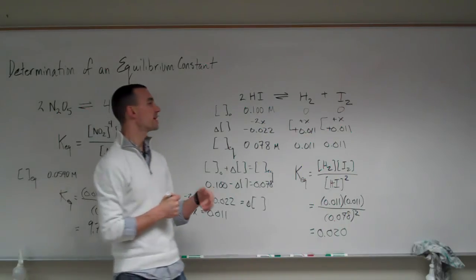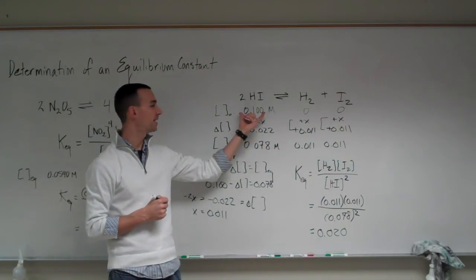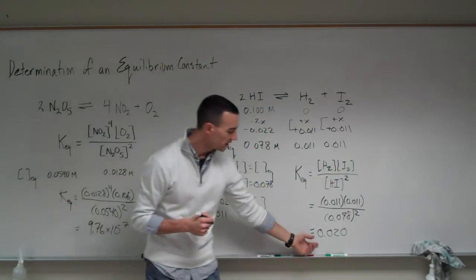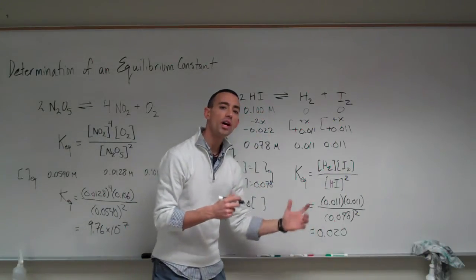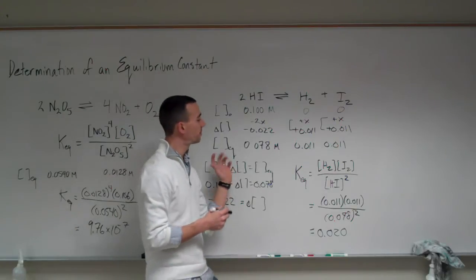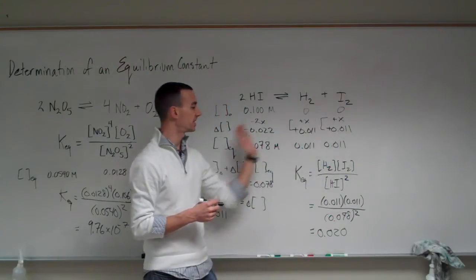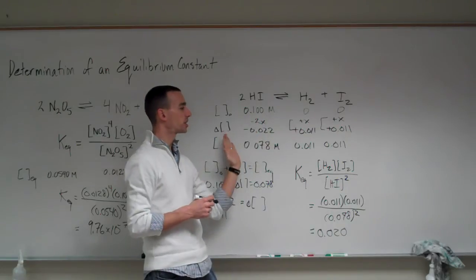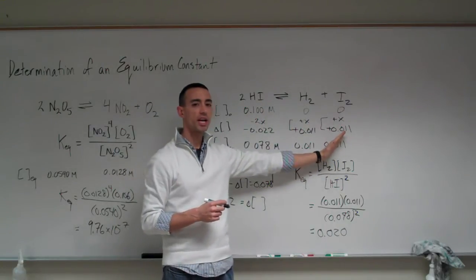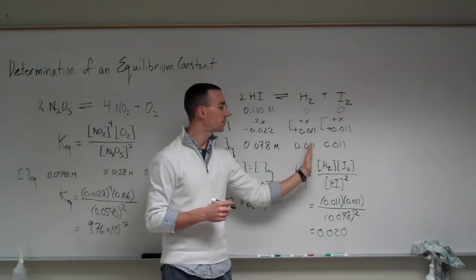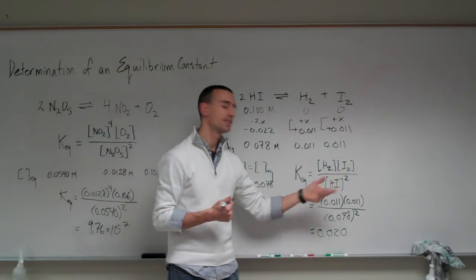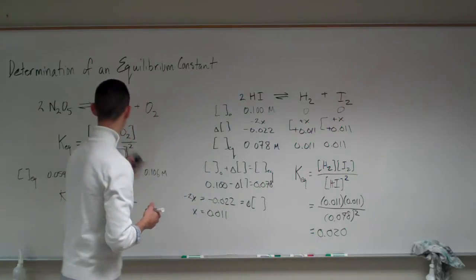Again, if we began with a different quantity at the start, we would still arrive at 0.020. What would change would be the amount of reaction that occurs. In that case, if we had more HI, we would expect a little more hydrogen and iodine to form, so that their numbers increase a little bit to keep this ratio constant. That's what's really neat about an equilibrium constant.